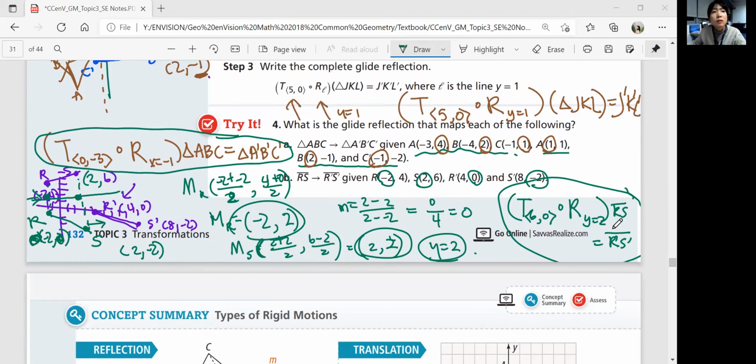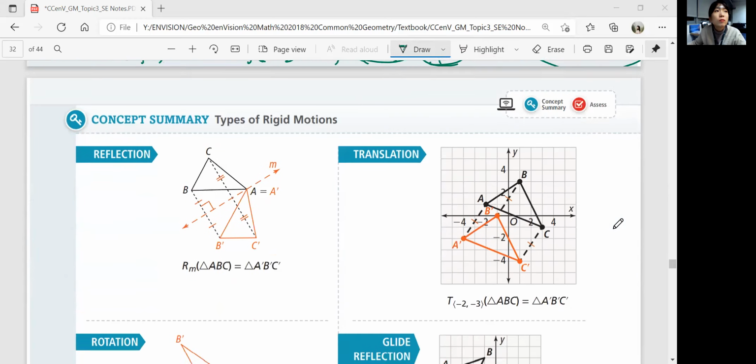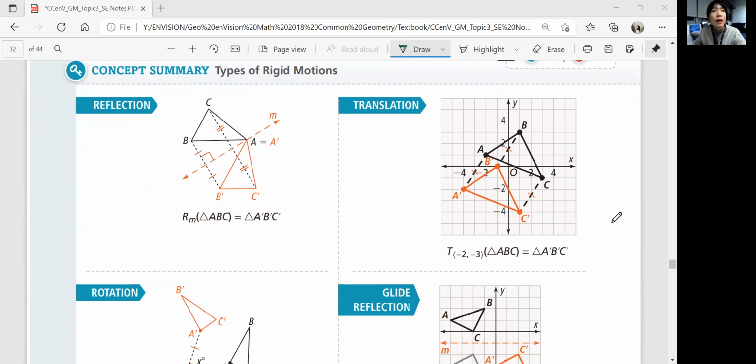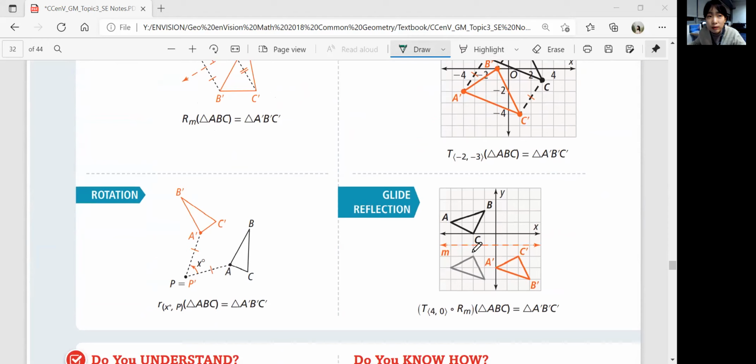All right. To wrap our lesson up, we had different types of rigid motions. We have reflection, translation, rotation, and glide reflection. The major thing, the new thing we looked at today, was glide reflection. So again, glide reflection is what?